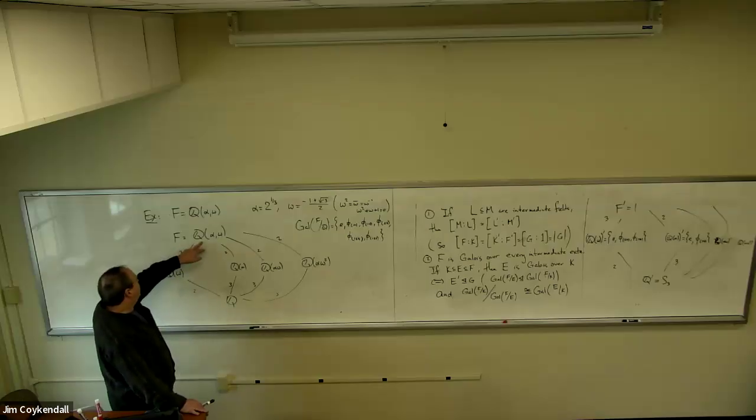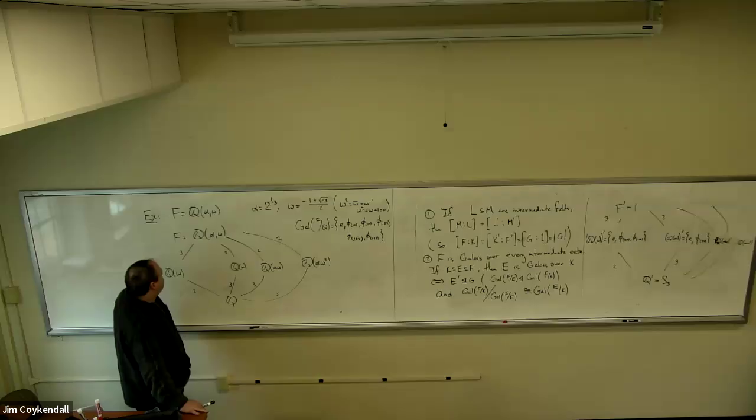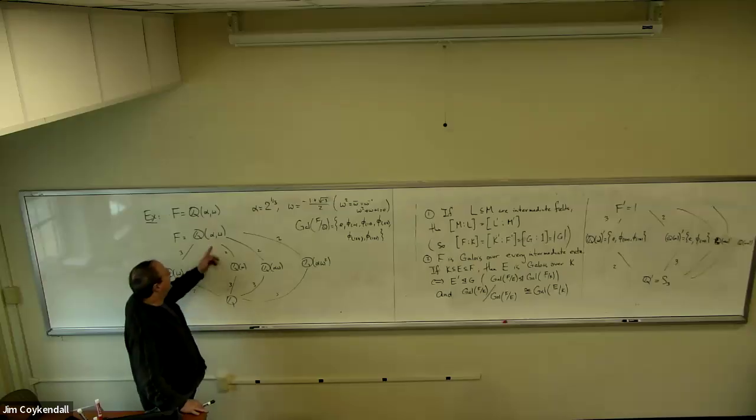So this thing is Galois over this one, right? So to be Galois over this, there has to be something here that's moved by some automorphism. Well, here's a good one right here. Omega is here, but not here.